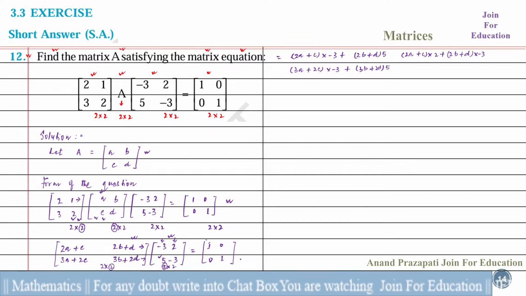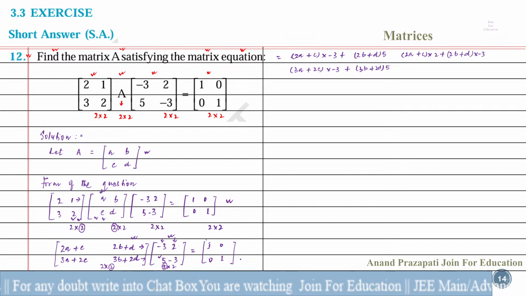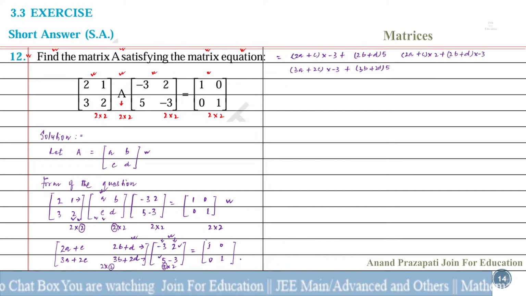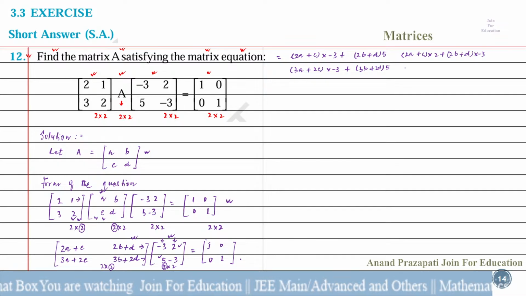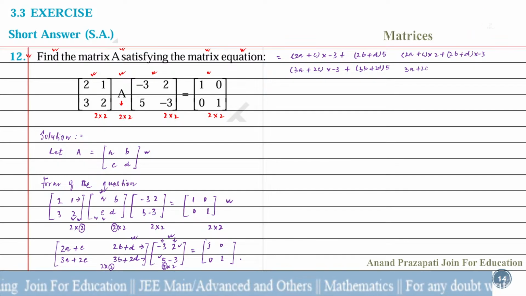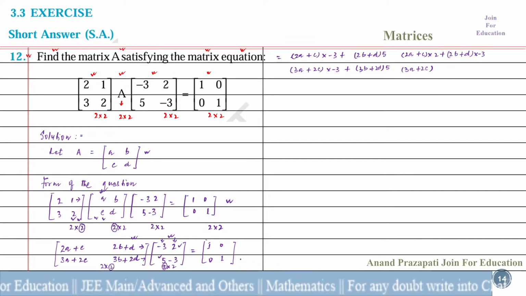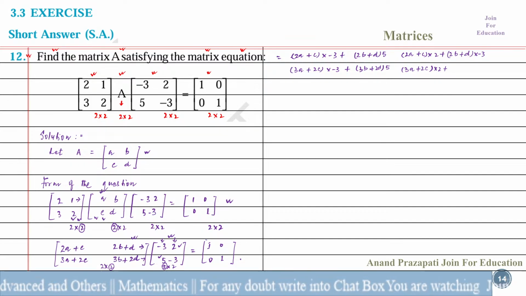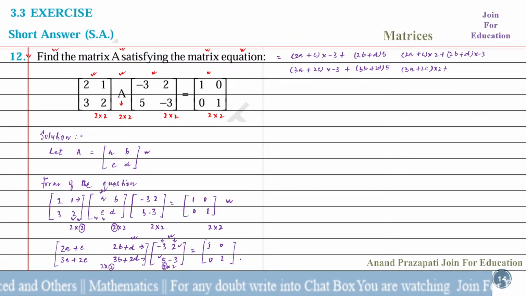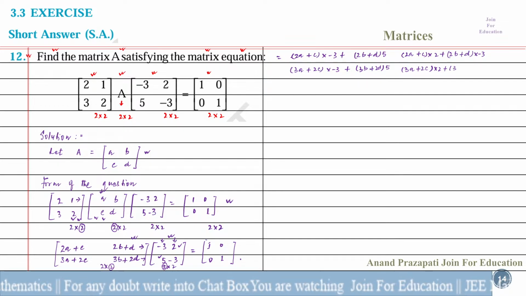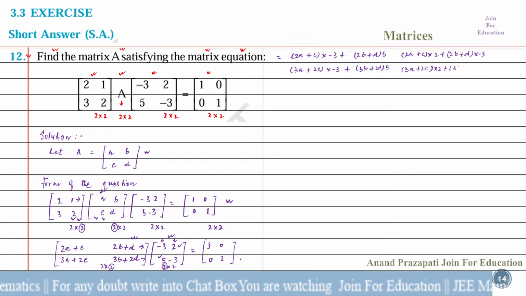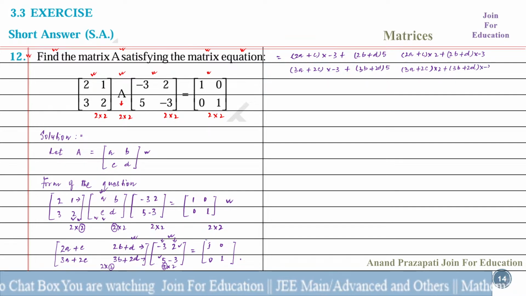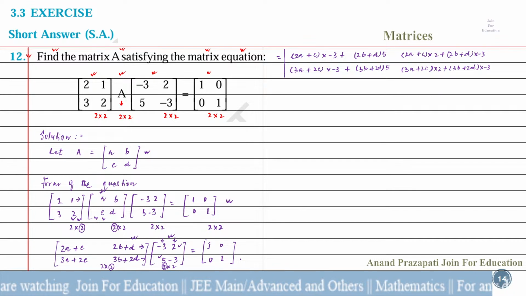This one for the second column, so 3a plus 2c multiplied by 2, plus 3b plus 2d multiplied by minus 3. After there is no problem to understand up to this step.